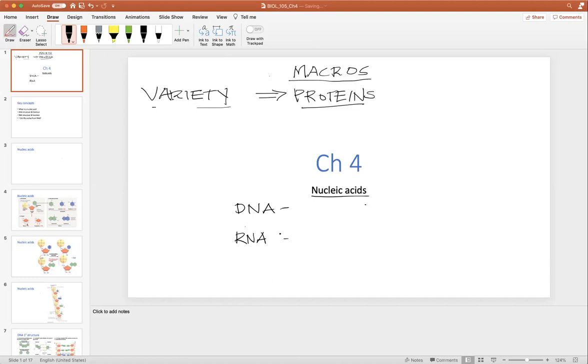What's the difference? DNA contains a sugar called deoxyribose. I'm just going to put deoxy here, while RNA contains a sugar called ribose. And if that isn't meaningful to you, that's okay. It will be by the end of this lecture. So these are still macromolecules. These are still very, very large molecules, as you'll see, but there's just 2 different types, DNA and RNA, whereas we have a variety of proteins, okay?